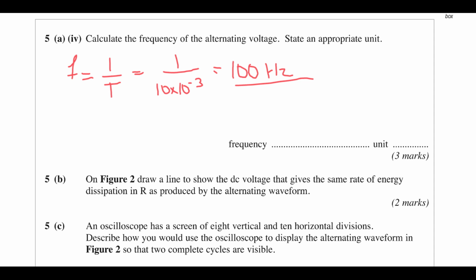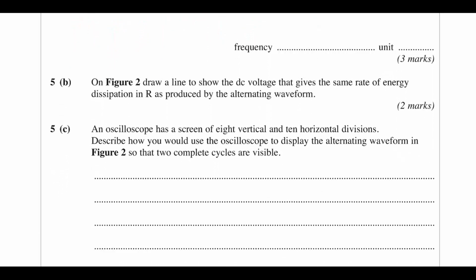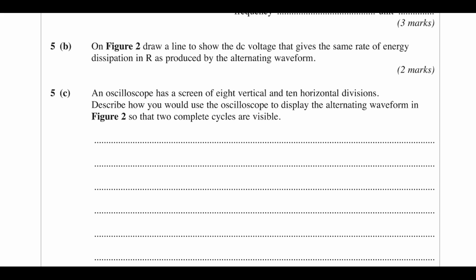So fairly straightforward there. The next part wants us to draw a line to show the DC voltage that gives the same rate of energy dissipation as the alternating. So this is what RMS is. RMS tells you the voltage or current in DC that dissipates the same power as your AC waveform.